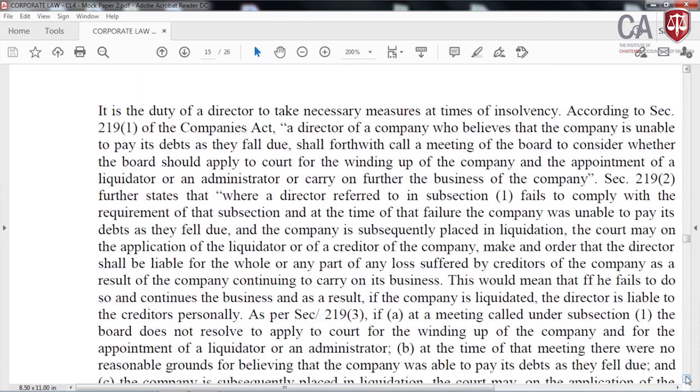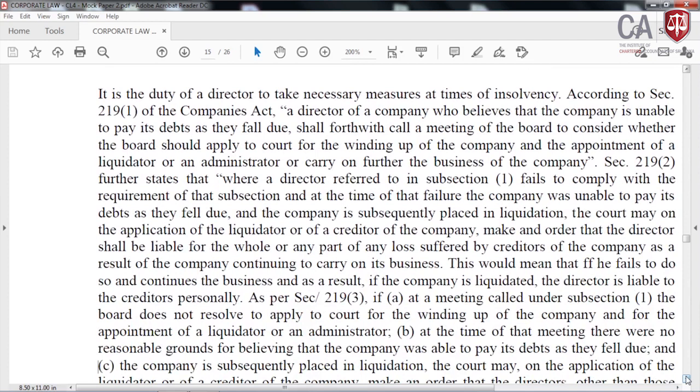Now, in conclusion, I also want to draw attention that it is the duty of a director to take necessary measures at times of insolvency.